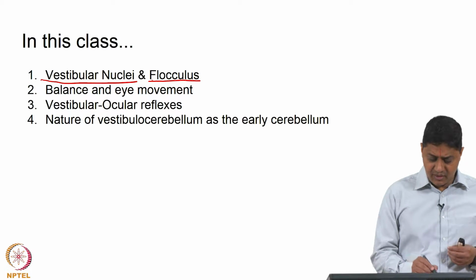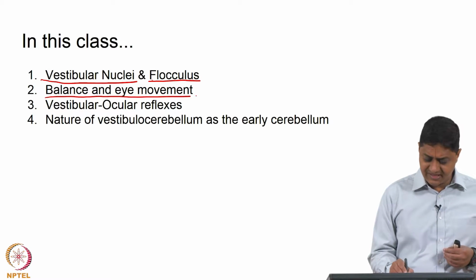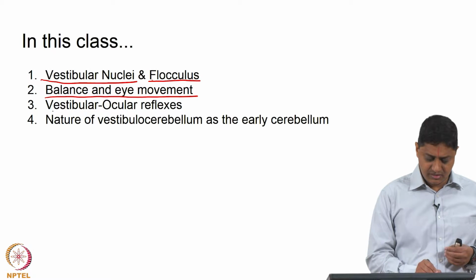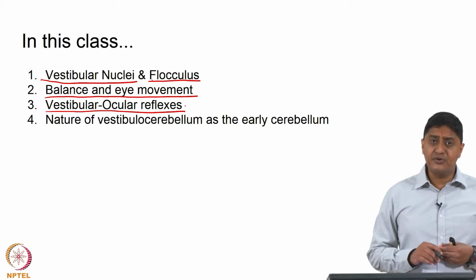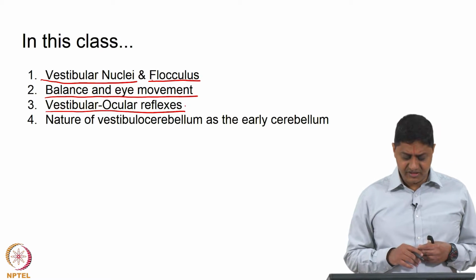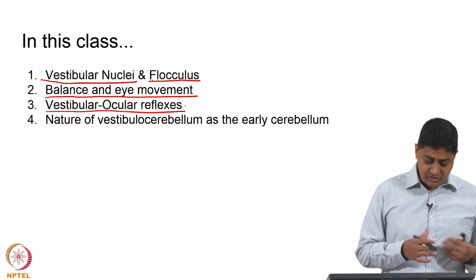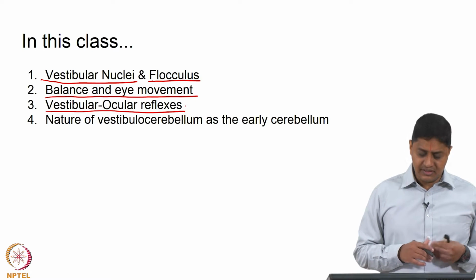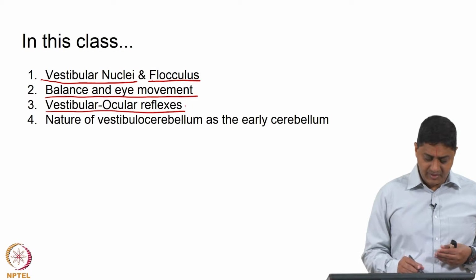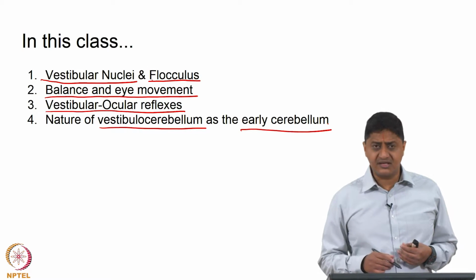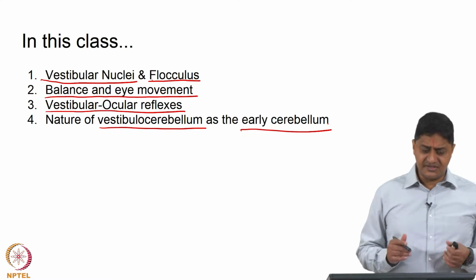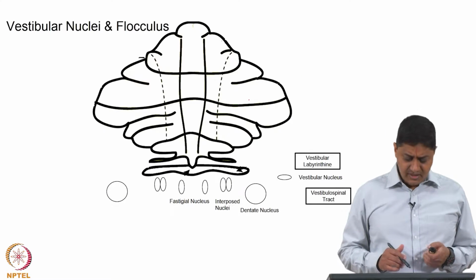We will also discuss how the vestibular cerebellum contributes to balance and eye movements, and how vestibular ocular reflexes are modulated in the presence of lesion, for example, or how they are controlled in healthy cases by the vestibular cerebellum. Vestibular cerebellum is the early cerebellum or the archicerebellum. So, we will discuss that in today's class.